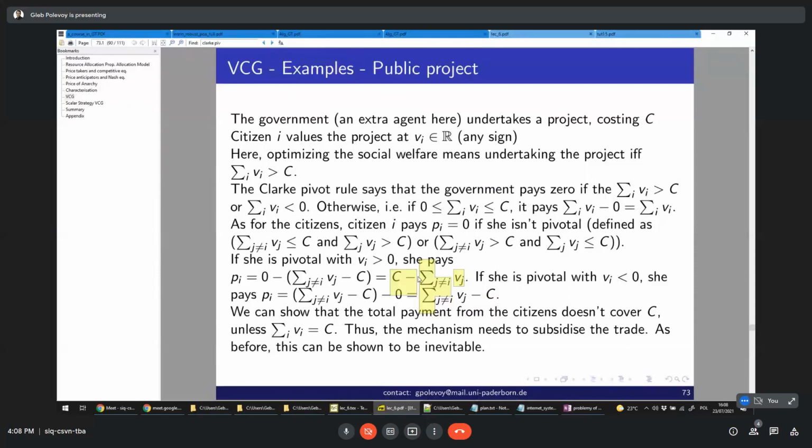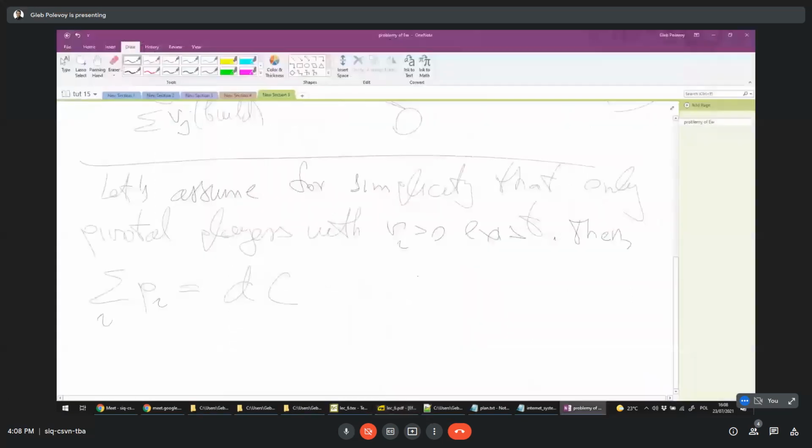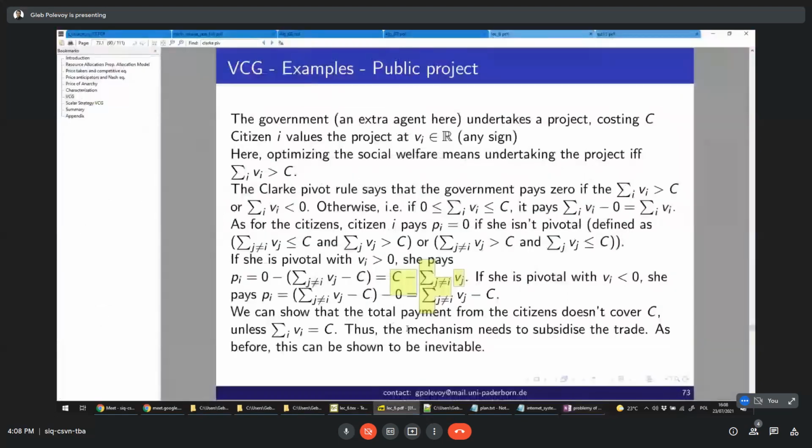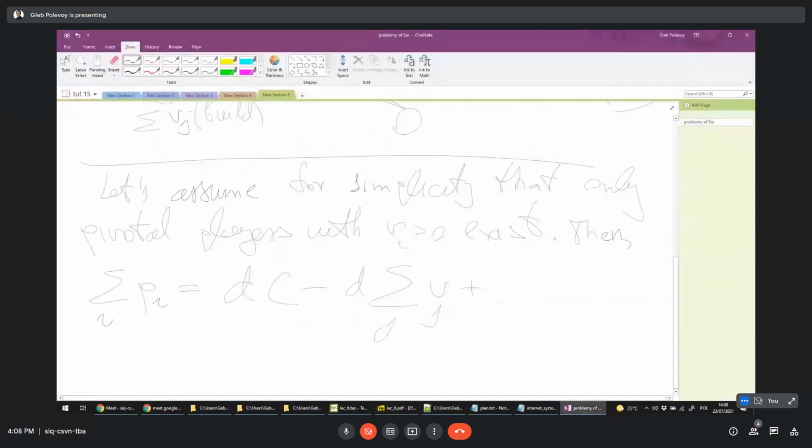So you pay D times the sum of everyone, minus D times the sum of everyone, and then you just need to add, because you forgot to tell that besides themselves, you add those players, where those are pivotal with positive value.